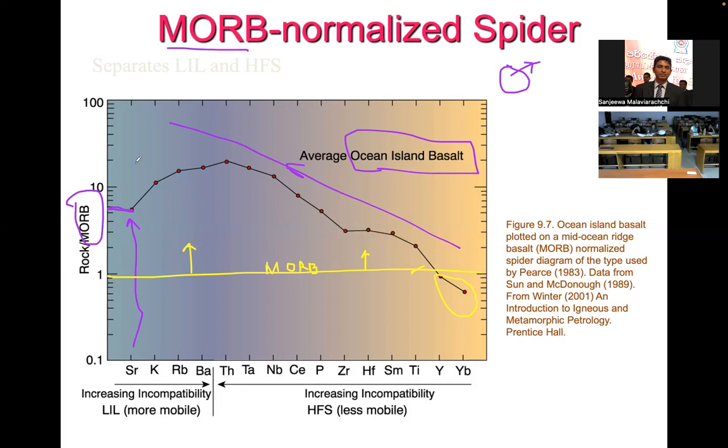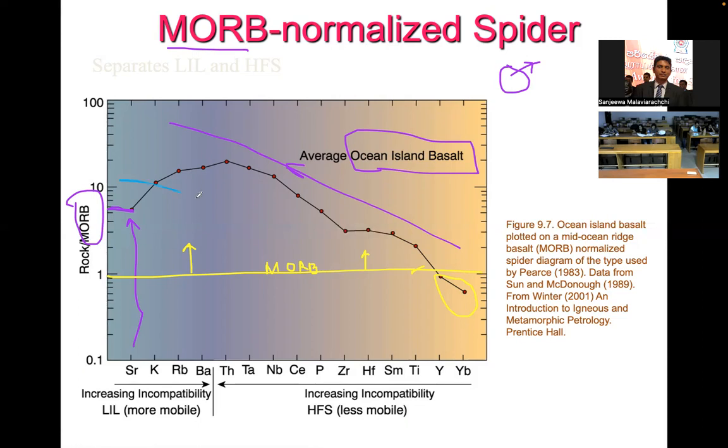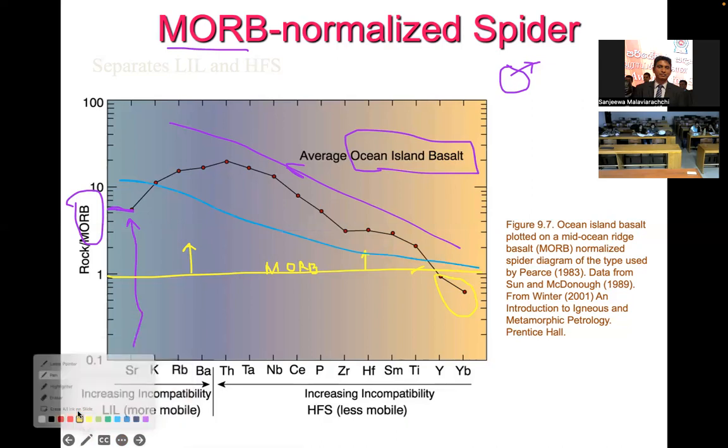So if you analyze it and suppose you plot that composition and you get a pattern like this, and suppose you analyze one more rock and you get a composition like this.